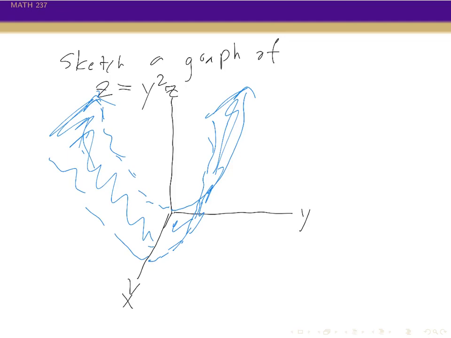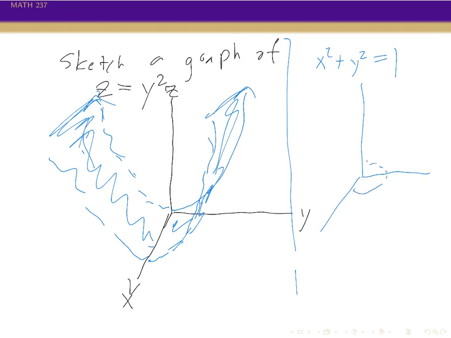So why do we call these cylindrical surfaces? Well, the most basic form of this is if we take x squared plus y squared, say, equal to 1, so this is the unit circle. This is all happening on the xy plane. And so there's the unit circle on the xy plane.